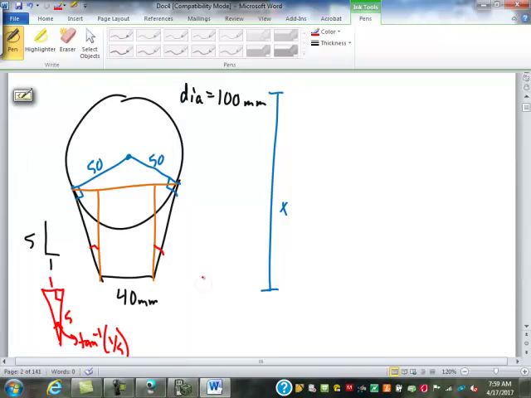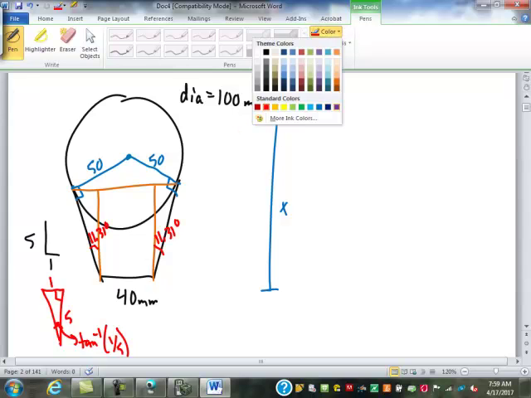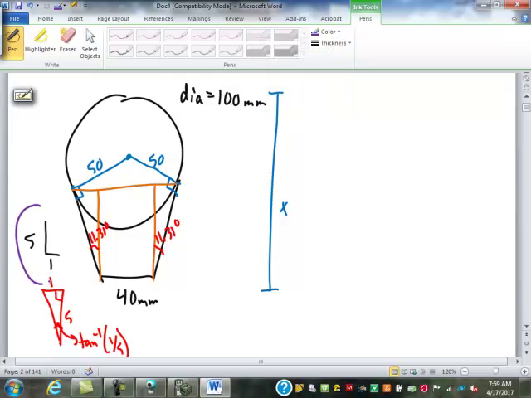So 11.31 degrees. And that's a big thing when you have those aspect ratios, where you have a vertical and horizontal comparison. You can always use that to find angles. And most of the time you'll need to.